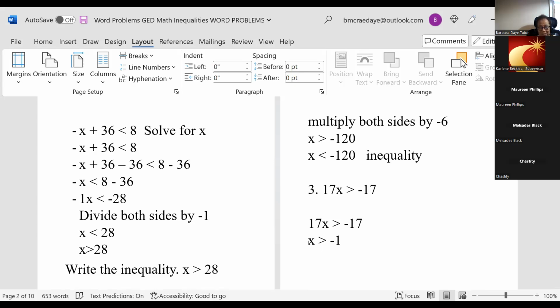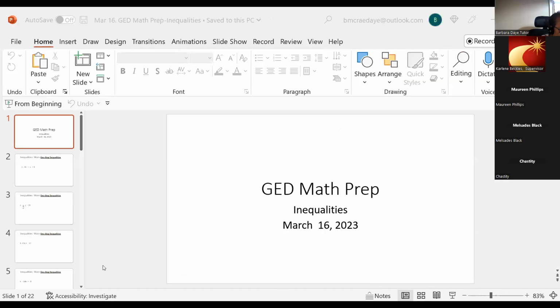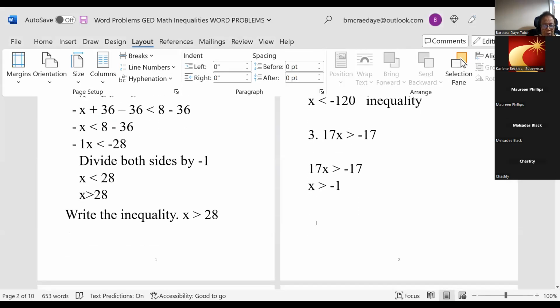Got it? Yes. Okay, all right, let's go to another one. Let me share. Go back to my screen that's not working. Okay, minus 14x greater than minus 3. Okay, number 4.